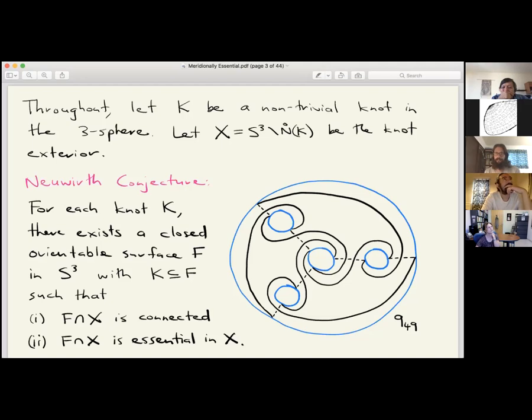And also that complement needs to be essential in the knot exterior. Okay, so incompressible and not boundary parallel. Okay, so here's an example. Here's the knot 9_49 embedded in a genus 4 Heegaard surface such that its complement is connected and essential.